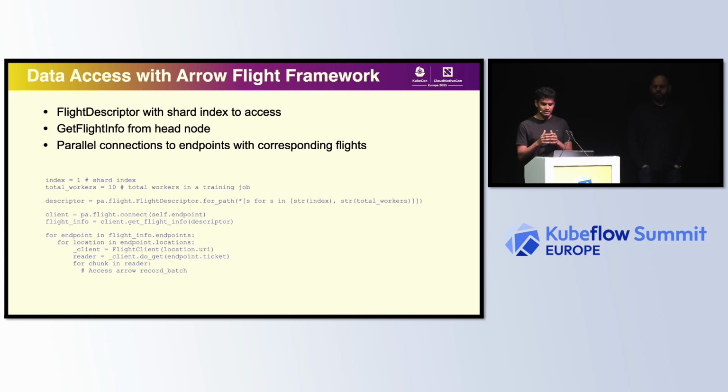And if the shard being accessed lives in multiple data nodes, like we saw in the previous example, the flight info would have multiple flights in the response. Using this flight info, clients can stream Arrow record batches from data nodes. And in the demo, we'll also see how we can use this flight client with the PyTorch data loader to access the data from cache during a training run.